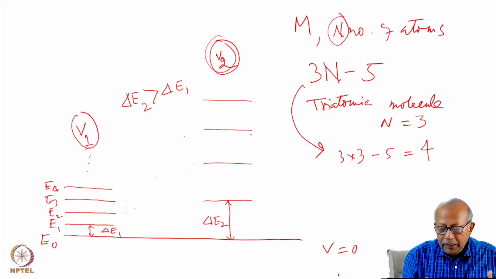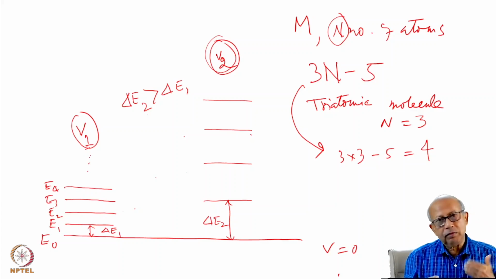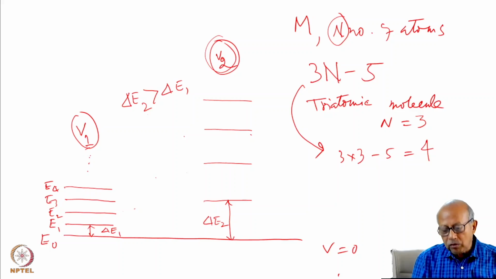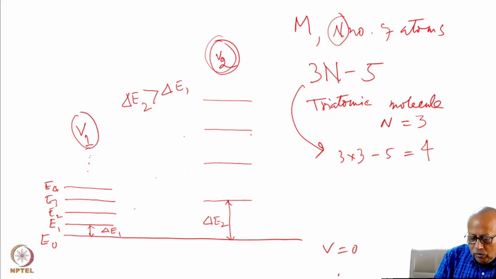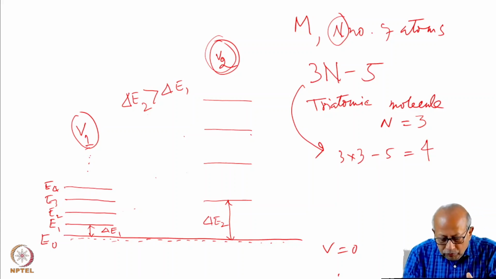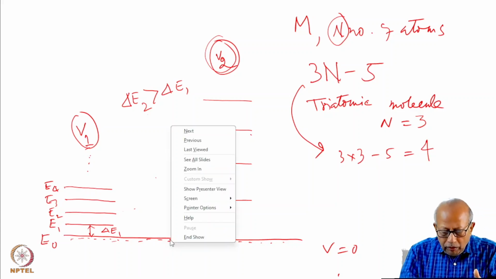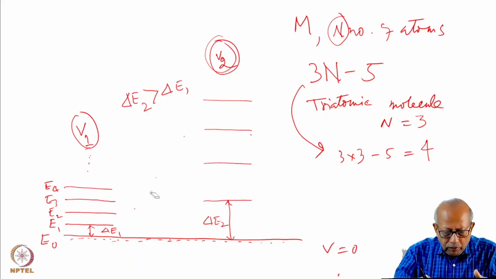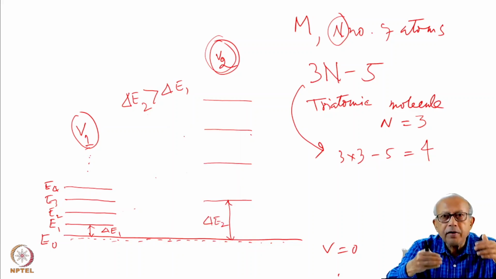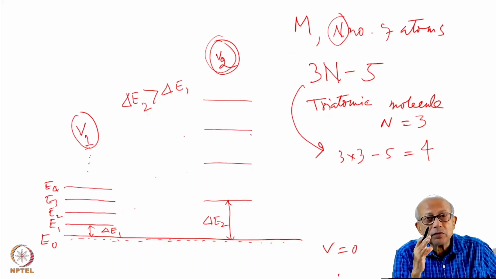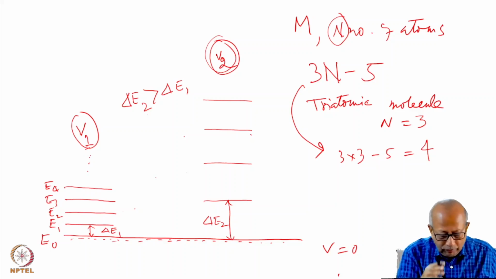So in the beginning, when T is very low, maybe close to absolute zero, all the molecules will be residing in the ground state. However, if we raise the temperature, then the population from this ground state will begin to go up into the higher energy levels, of course satisfying the Boltzmann distribution.